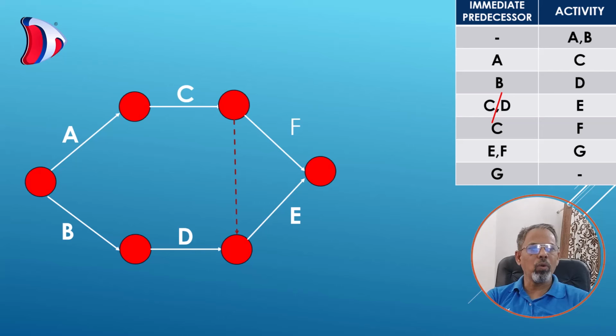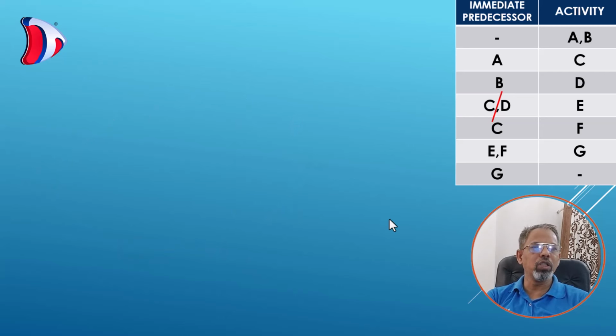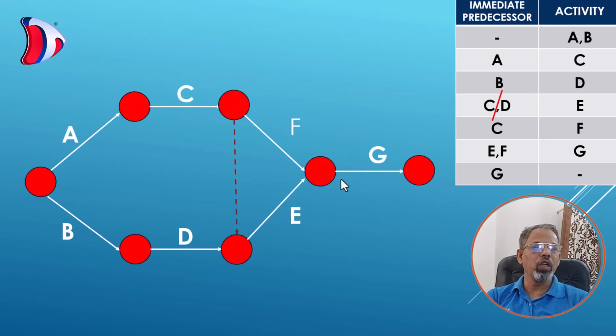Then from the combination of E and F, activity G is originating. So we will give rise to G from E and F. And now in the last step we see that there is no activity originating from activity G, and hence this is the end of the network diagram.